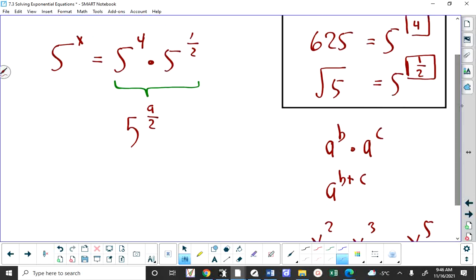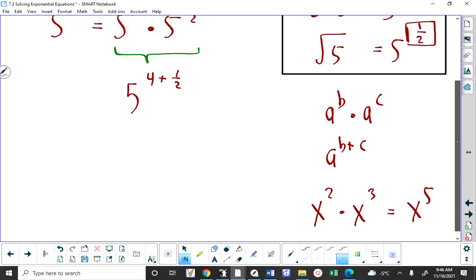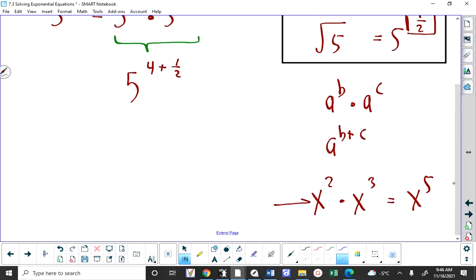So what I've done is I've added 4 plus a half. In fact, maybe I should write that in case you want to include it in your notes. I think everybody in the room would get this correct. I think if I said, what is x squared times x cubed, everybody writes x to the 5.